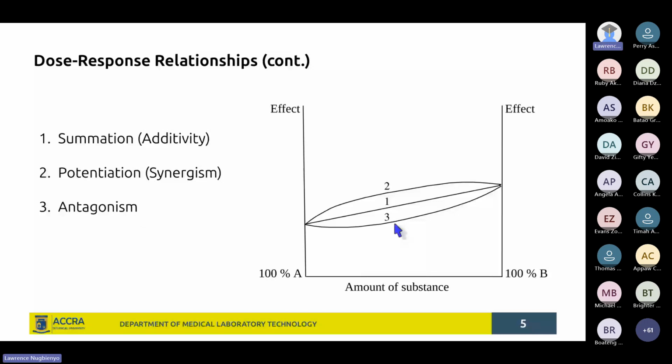That is antagonism. In any case, it means that substance B is antagonizing substance A, or substance A is antagonizing substance B, reducing the effect of one substance by the other.